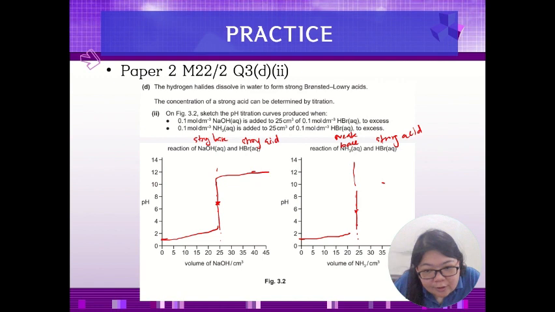Strong acid, so it's a bit flat here, but here we have a weak base, so more curvy compared to the strong base. So you can see the difference between these two. At different pH, this is lower, this is higher, and then both have the vertical region at the same volume, but different pH of the endpoint. So this is how you get the 3 marks.